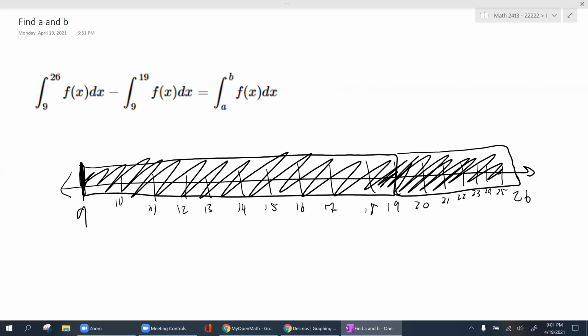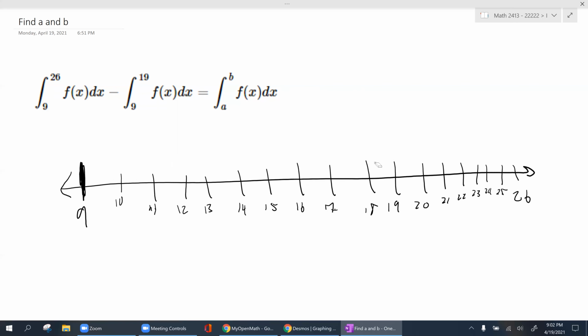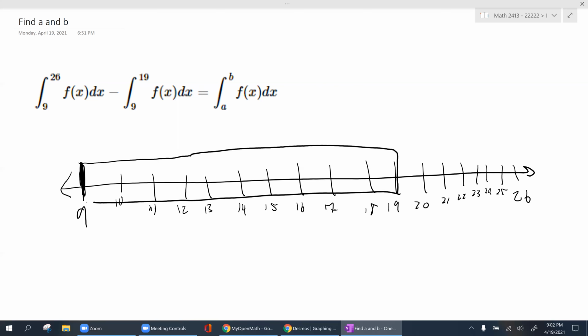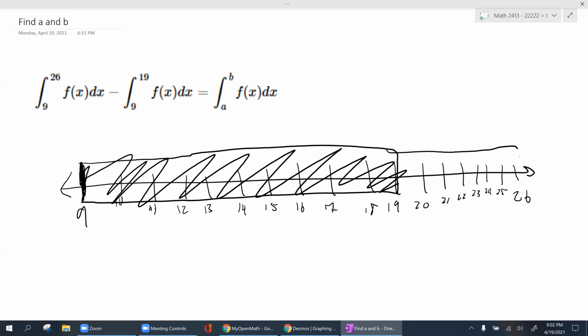That is my first integral between 9 and 26. But I'm taking away everything. Sorry, ladies and gentlemen. So I've shaded the entire area.